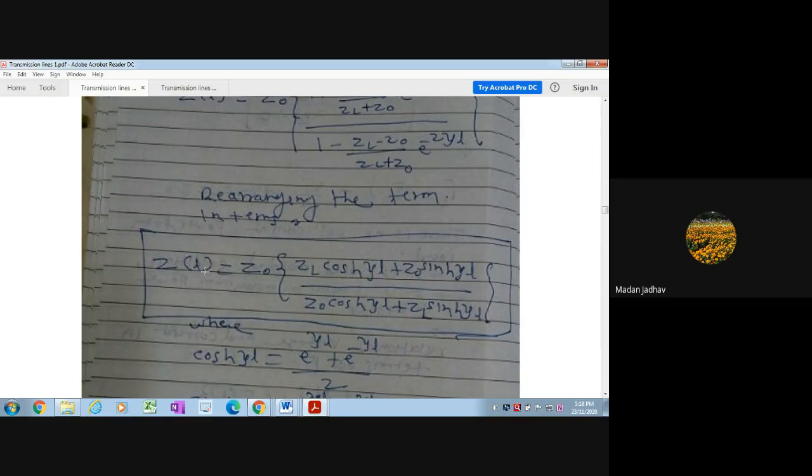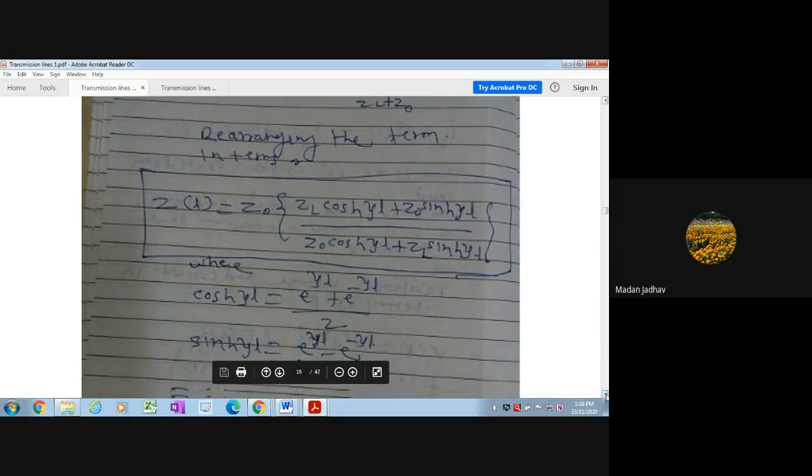Z of L is equal to Z naught, in bracket ZL cos hyperbolic gamma L plus Z naught sin hyperbolic gamma L, divided by Z naught cos hyperbolic gamma L plus ZL sin hyperbolic gamma L. This is the equation for the impedance along the transmission line.